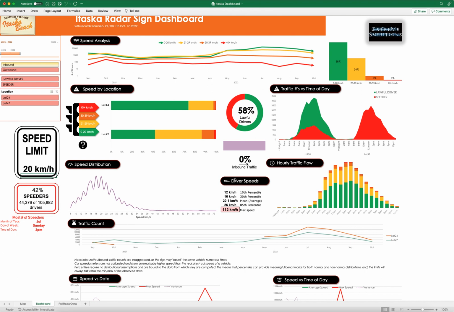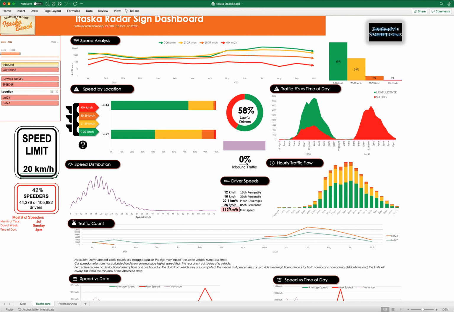Going back to driver speeds, when we're looking at this bell curve, 10% of our traffic is under 12 kilometers an hour, so that could be bikes. 30% is under 16. Our average is 20, which happens to be the speed limit, so that's good. And 85% of our traffic is under 26 kilometers an hour.